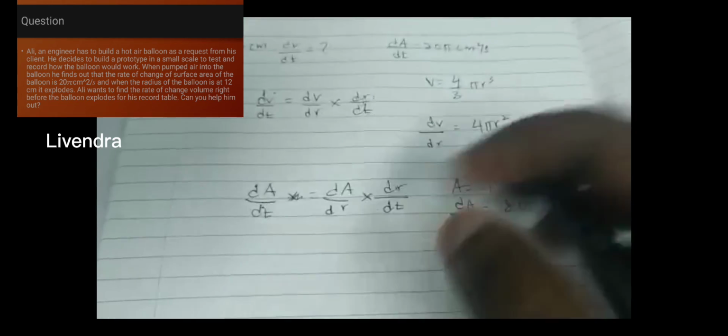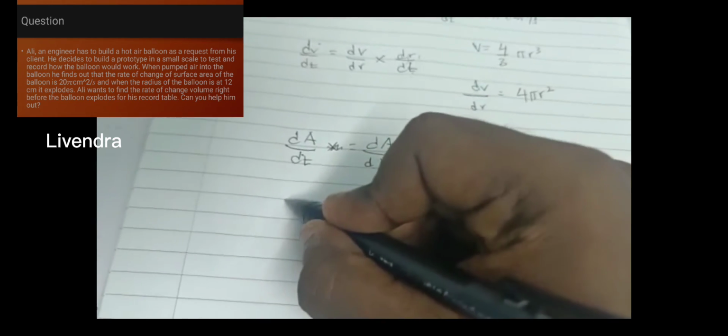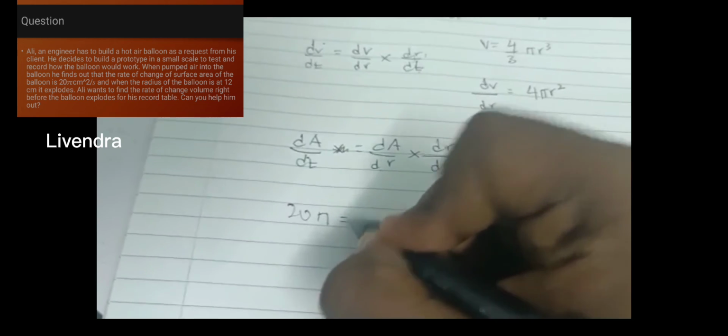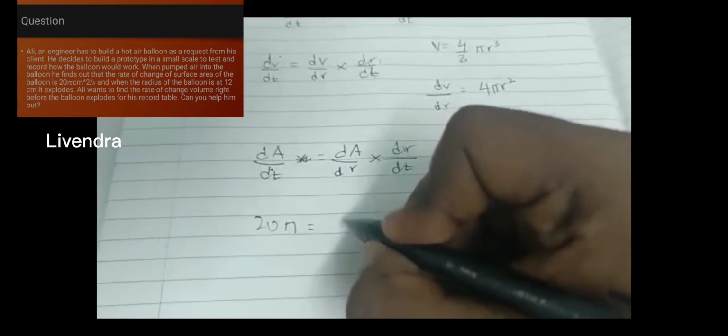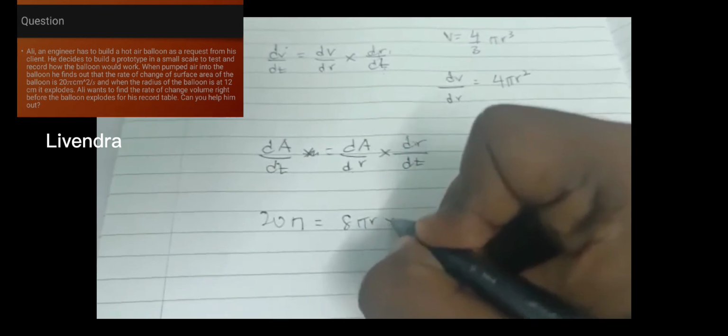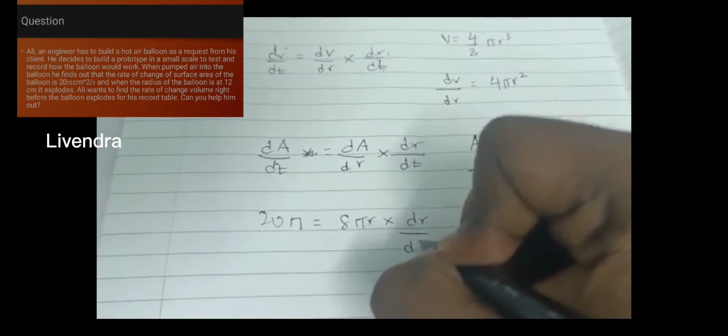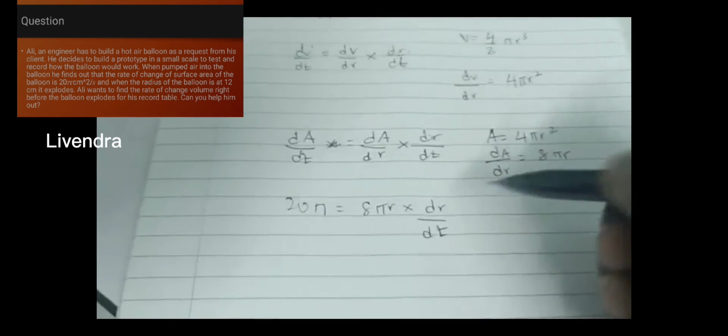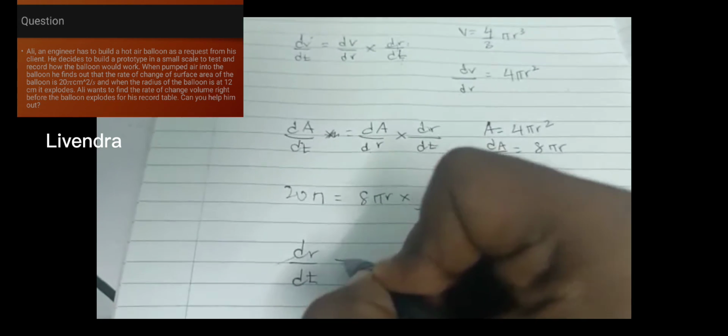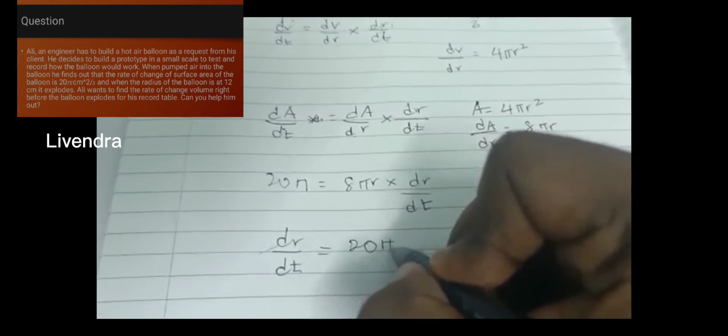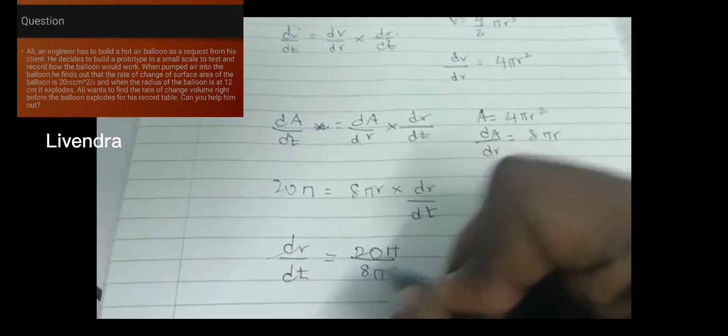So take this and substitute it inside, and we already have 20 pi, so 20 pi equals 8 pi r times dr/dt. We just have to do algebra and we can find dr/dt, which is 20 pi over 8 pi r.